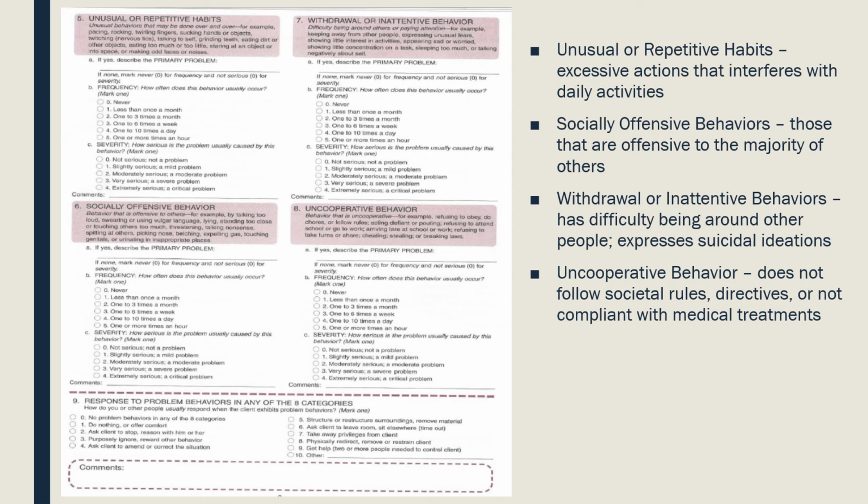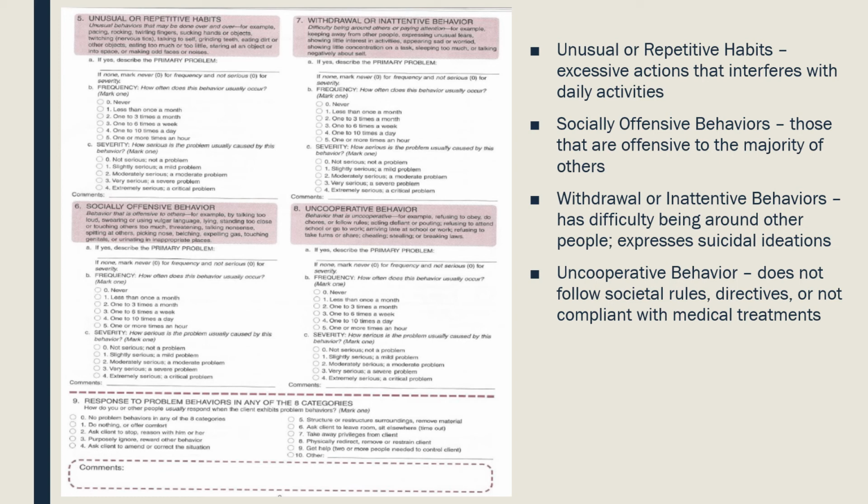Socially offensive behaviors. Those are going to be those that are offensive to the majority of others. Being vulgar, threatening, things that are going to cause issues in social situations. Withdrawal or inattentive behaviors. So they have difficulty being around other people. They're expressing suicidal ideations, showing very minimal interest in doing things, sleeping too much, always talking negatively.